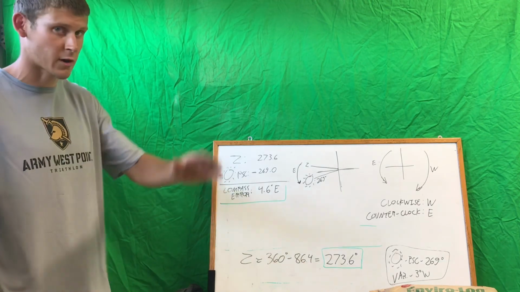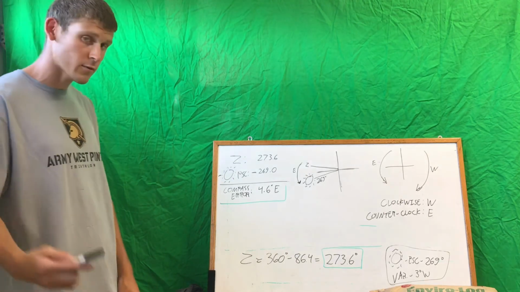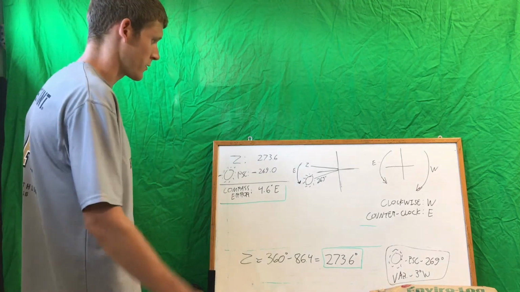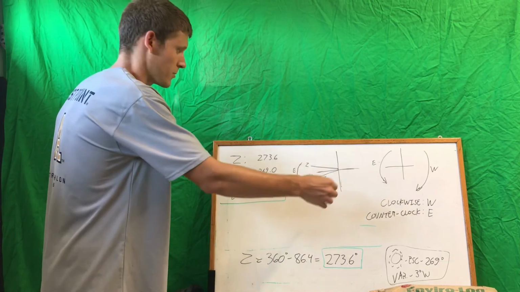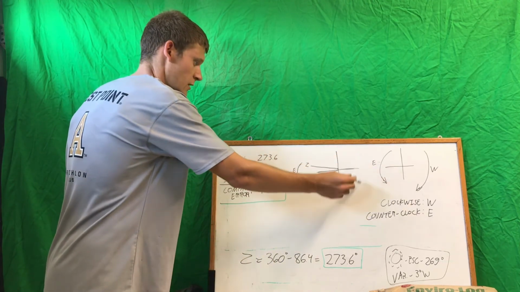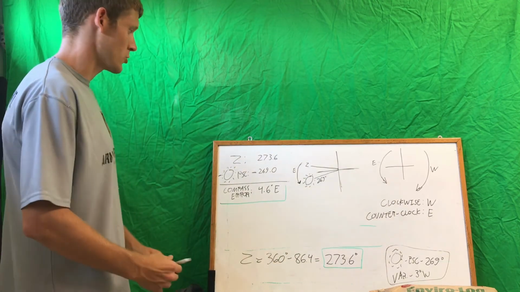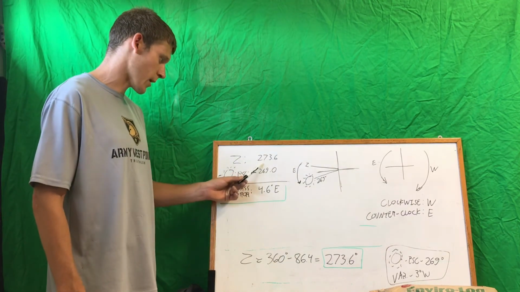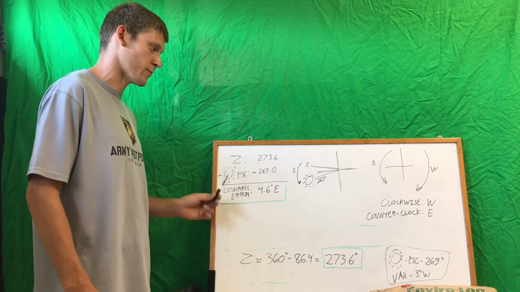But is our compass error west or is it east? The way to know that is draw yourself a diagram, a compass for that matter: north, east, south, west, and draw whereabouts your Z is and where your per standard compass observation is.